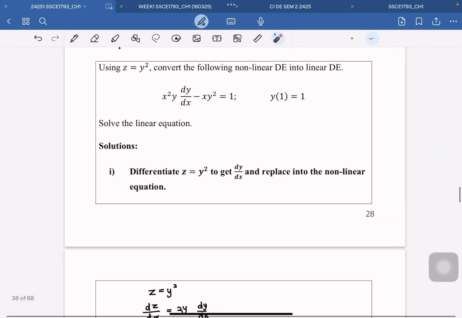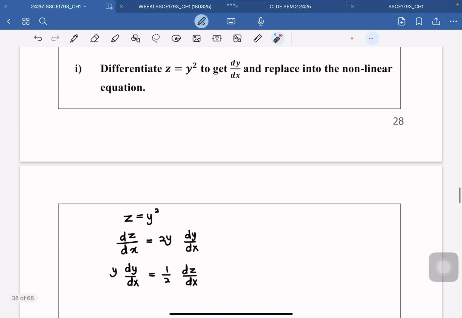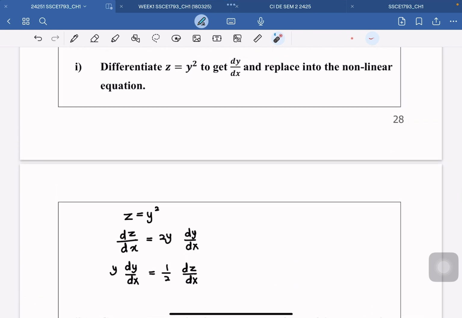For the first step, you have to differentiate z equal to y squared in order to get dy over dx, and then replace it into the non-linear equation. This is another way to solve the non-linear DE, instead of dividing the whole terms by the first coefficient.